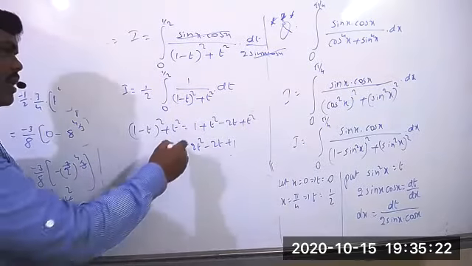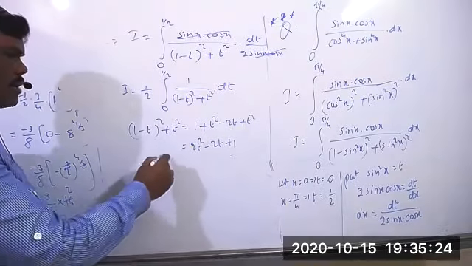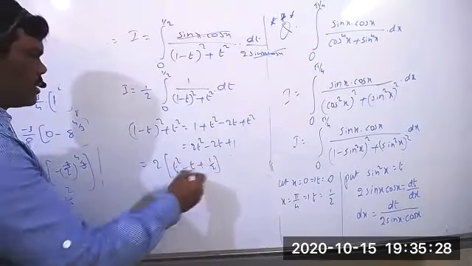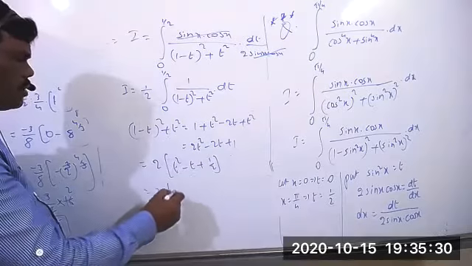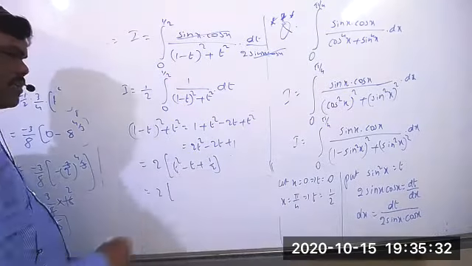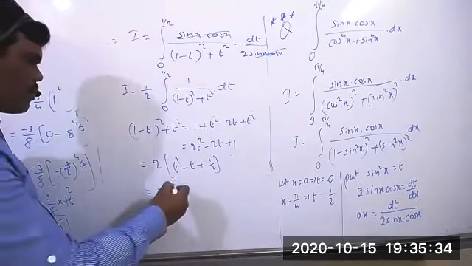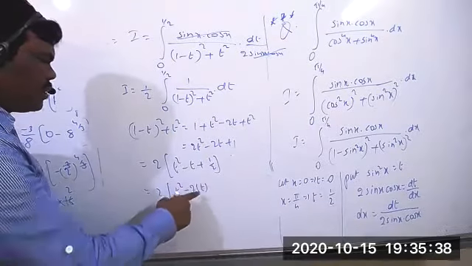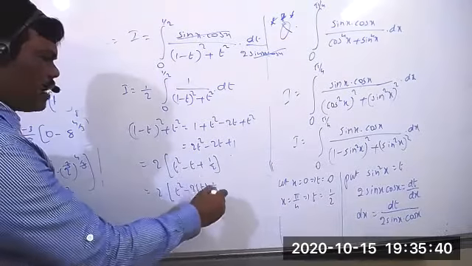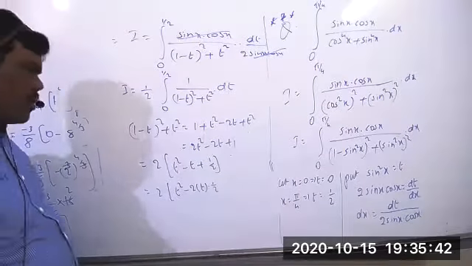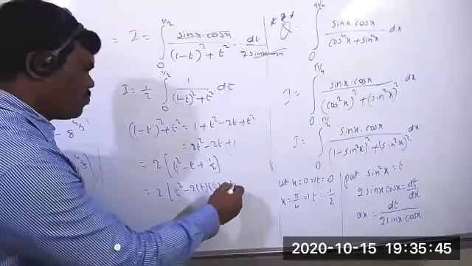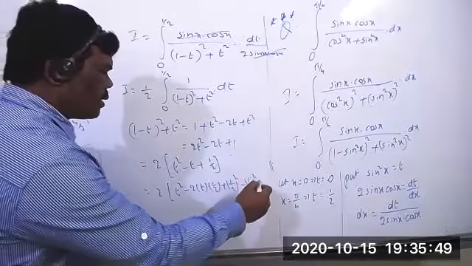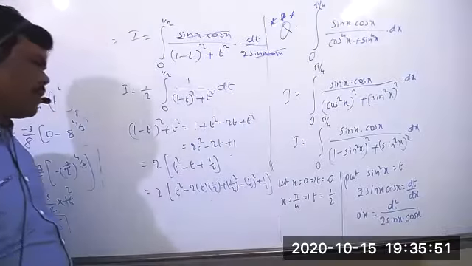Or else you can take 2 common, so t square minus t plus 1 by 2. Since the t term is negative, it counts into a minus b whole square: a square minus 2ab, 2 into t into b equal to 1 by 2, plus 1 by 2 whole square minus 1 by 2 whole square plus 1 by 2.